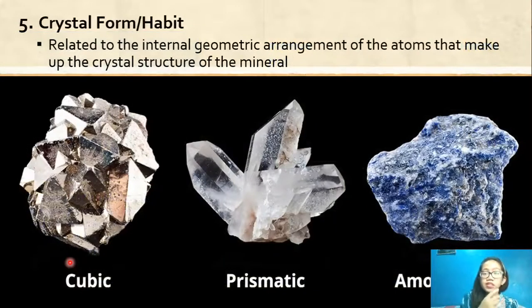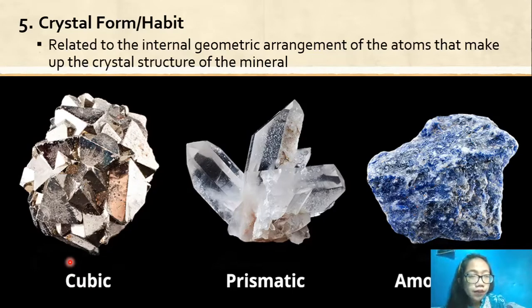Okay, crystal form, number 5. Another way to identify minerals is to look at their natural formation. If you were walking in the environment and you found this mineral, what does it look like? There are different ways they could form based on their chemical structure, and the chemical structure will definitely influence how they are formed.